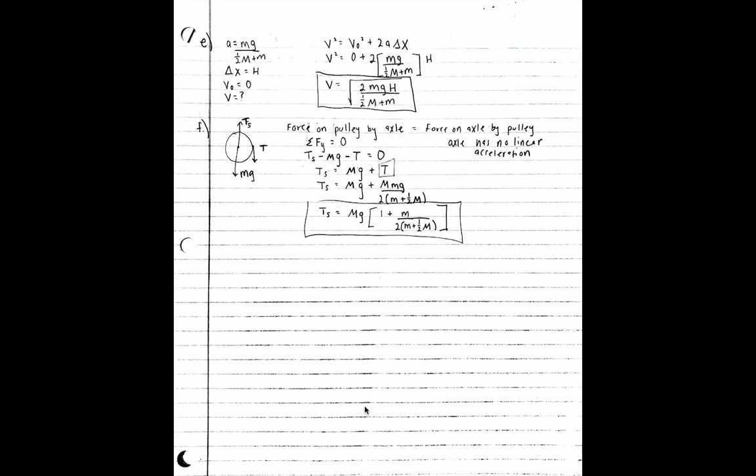And part F is a little bit tricky. It asks us to find the force on the pulley provided by the axle. Because of Newton's third law, we know that the force on the axle by the pulley is equivalent to that. So we're going to use that lens instead to solve because it's a little bit easier.